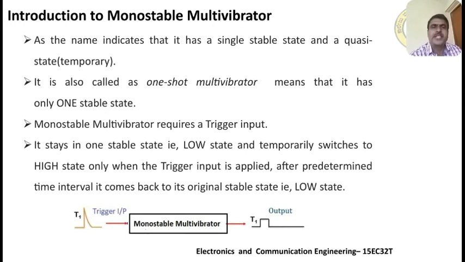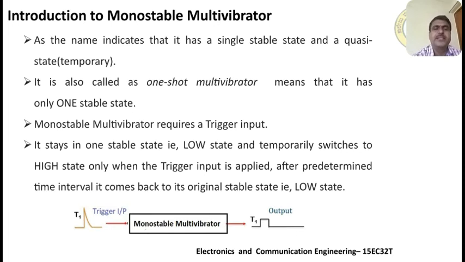Then it stays in one stable state, that is the low state, as I said, and temporarily switches to high state only when the trigger input is applied. After a predetermined time interval, it comes back to its original stable state, that is low state.